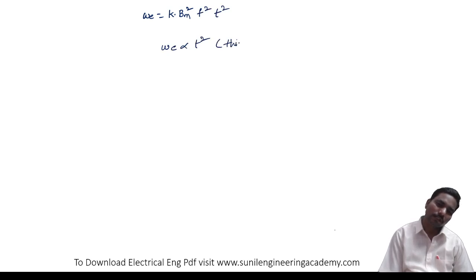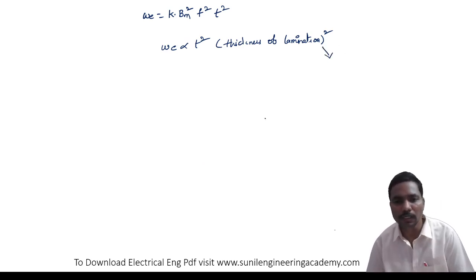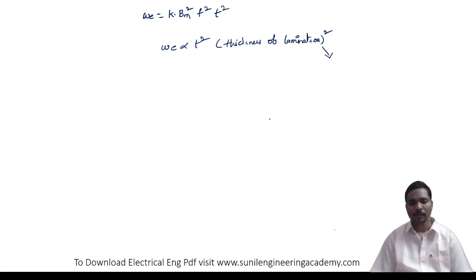In the same way, in the eddy current losses, K B max square, F square, T square. So WE is proportional to thickness of lamination square. If you go with less thickness, that means very thin, then eddy current losses will be less.